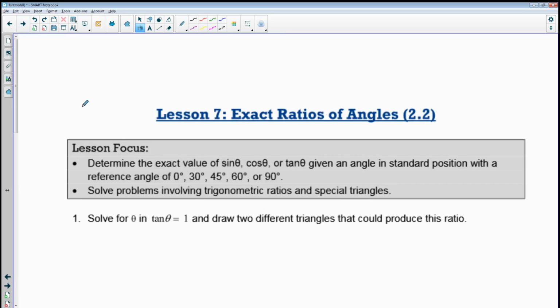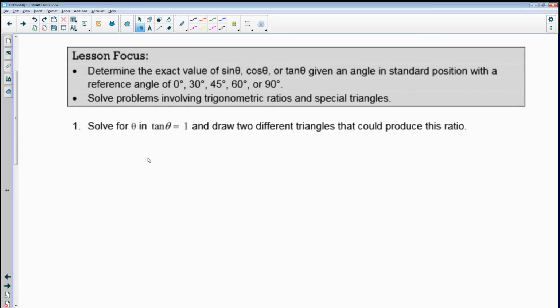But the reason I did those triangles in this video instead of the last one is because I want to talk about all the special triangles, special angles. The ones we just did are 0 and 90 degrees, but in fact, there are 3 more: 30 degrees, 45 degrees, and 60 degrees. You are expected to memorize these trig ratios for those 3 angles, but there are a lot of them, 9 of them to be specific.